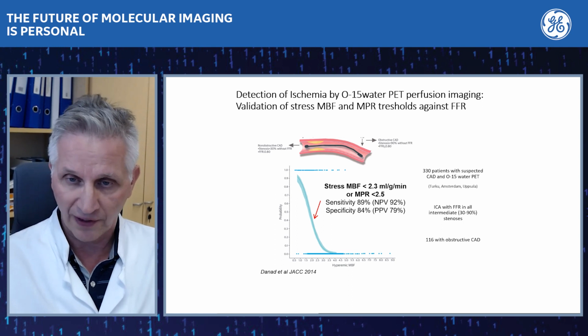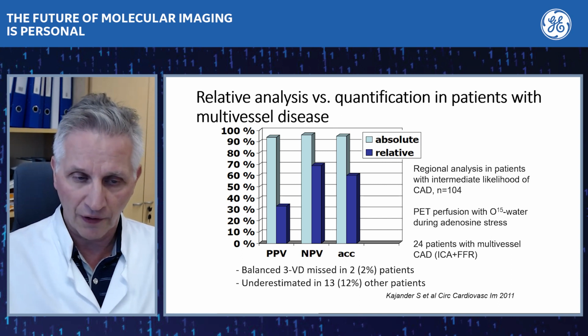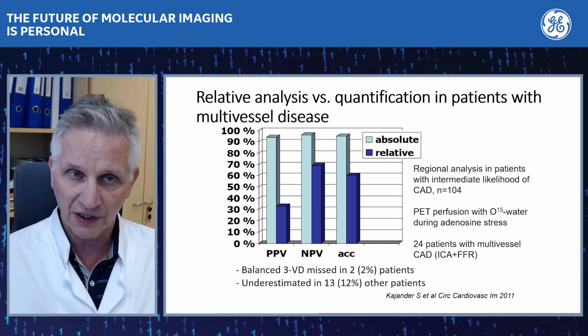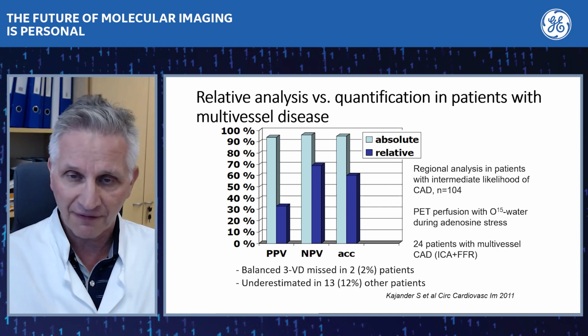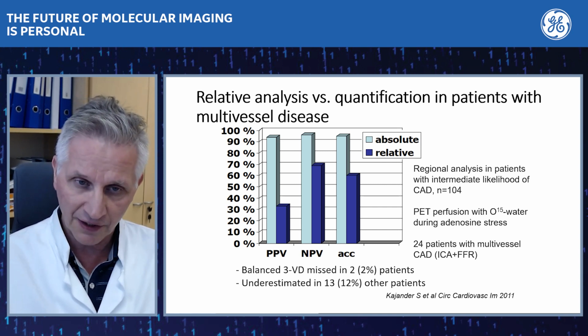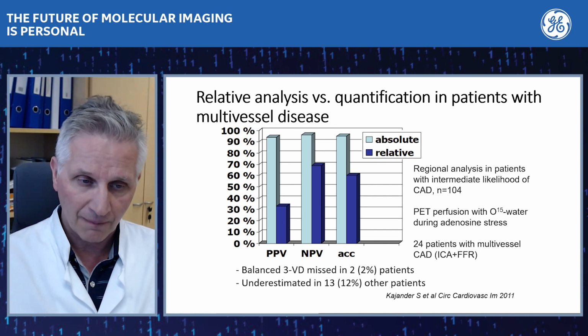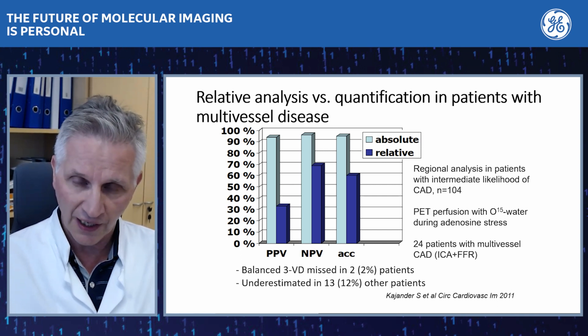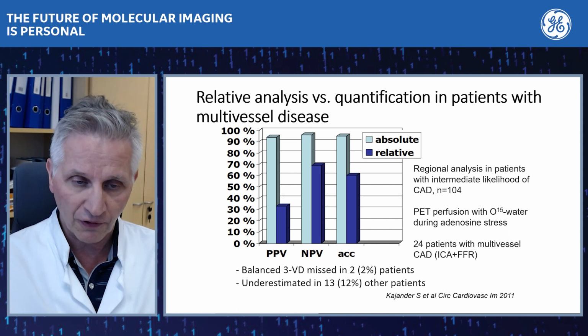lesion lumen narrowing. We have also shown in some smaller studies how much absolute quantification will improve the accuracy, and here we are focusing only on patients with multivessel disease, and as you see, the blue bars using relative image reading versus the green bars using absolute perfusion definitely improve both the positive and negative predictive value, and naturally, of course, accuracy.